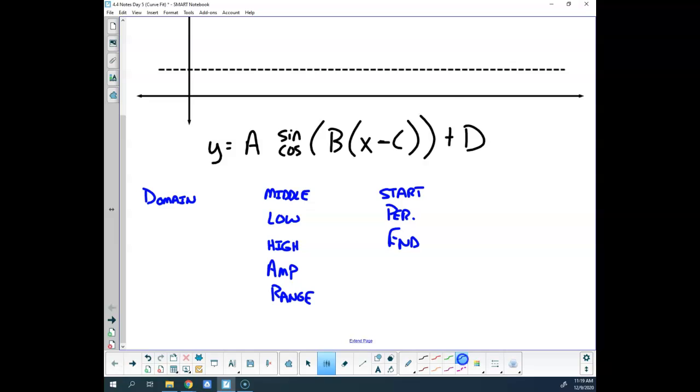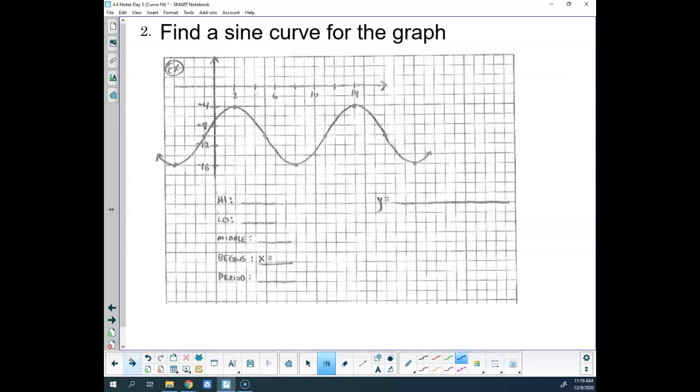So let's jump into this first graph on the top of your page. We want to find a sine curve for that one. How we would go about this is we would take a little peek at our graph. Sine has a high value and a low value, and we can get that right off of our graph.